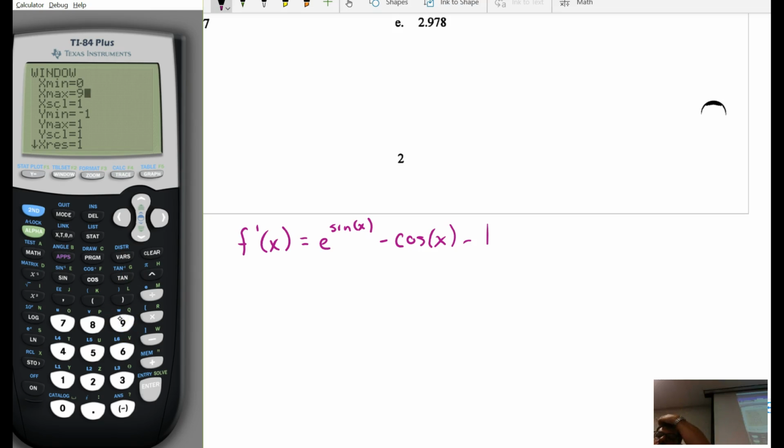And then what y values do I want to see? We want to see 0. We want to see where this graph is negative, below the x-axis. So y values, negative 1 to 1 seems fine.